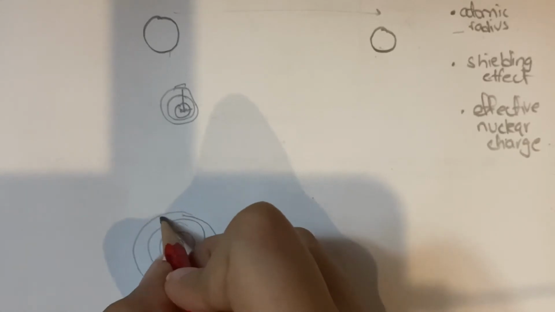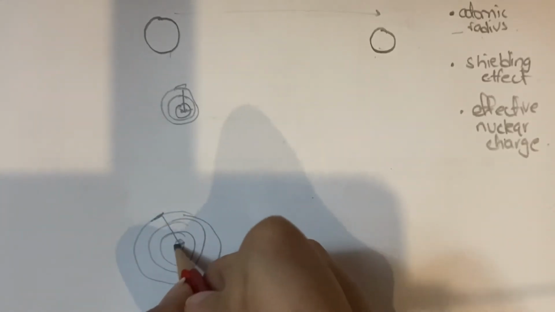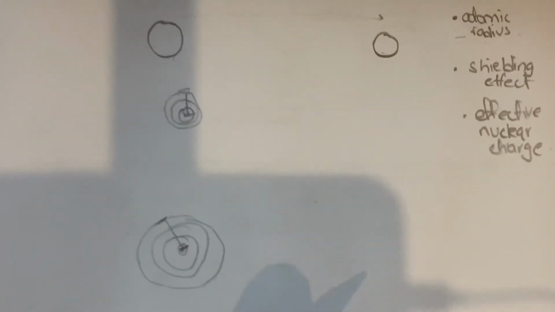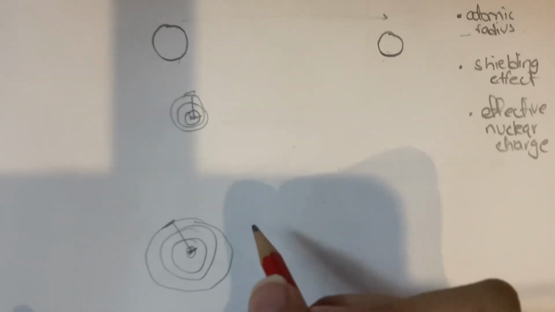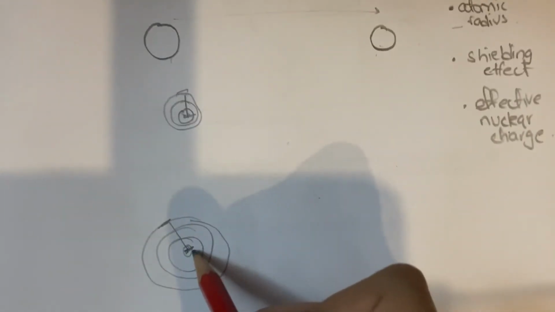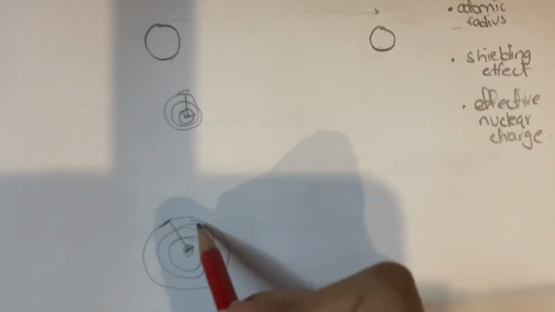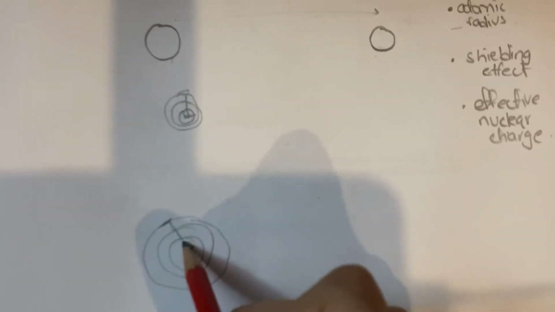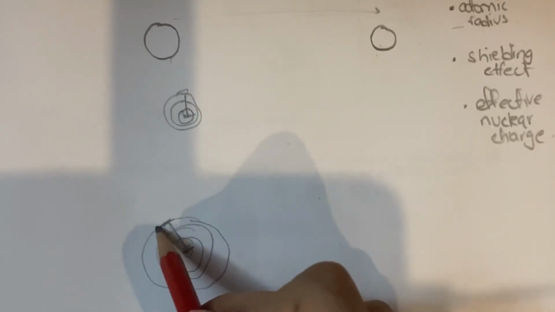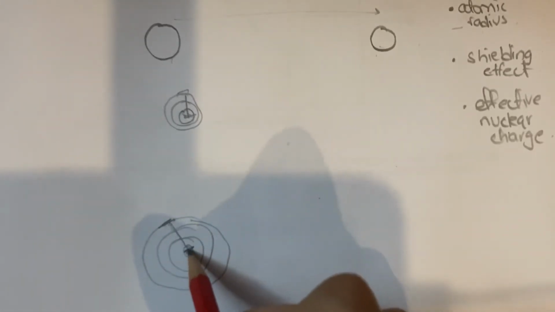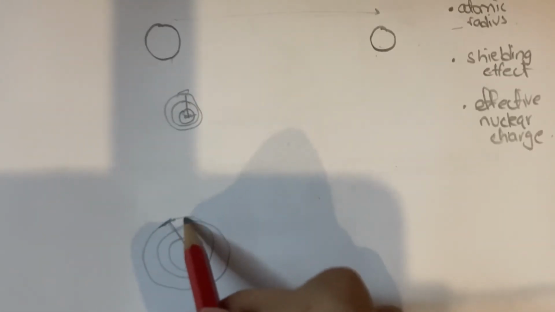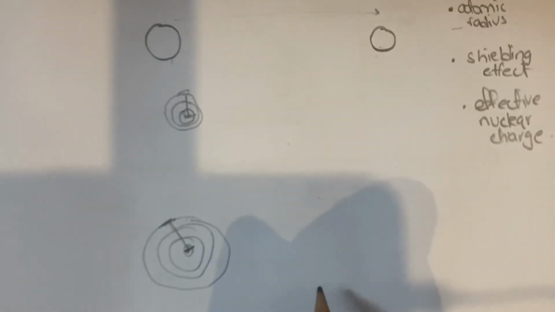All right, so this increases, which means the shielding effect decreases because the number of electron shells are increasing, so there is less attraction for the nucleus to hold the valence electron, right?